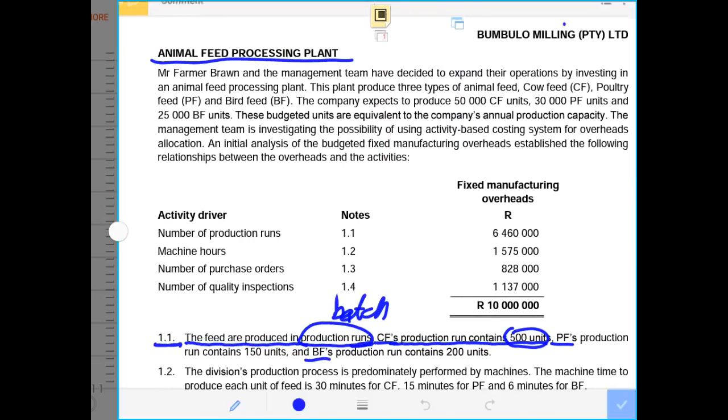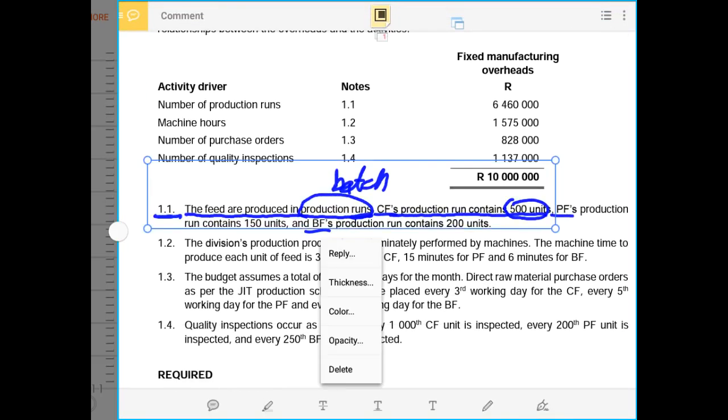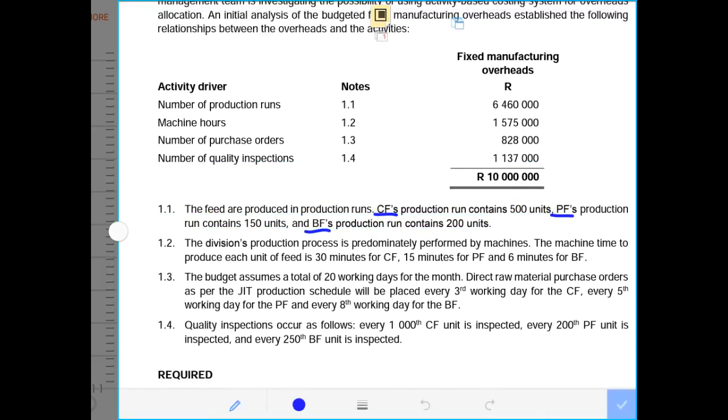They told us that CF manufactured 50,000, PF 30,000, BF 25,000 units. So now we'll be using the number of units because the runs are based on the number of units. CF is 500 units, PF is 150 units, and BF is 200 units.